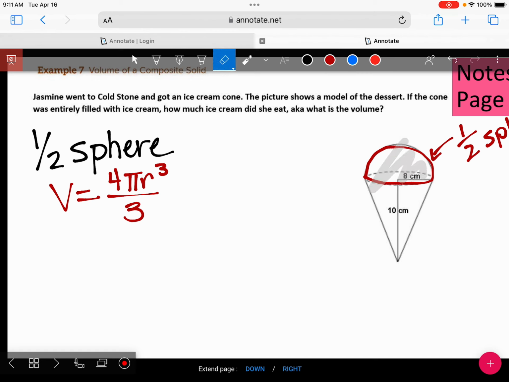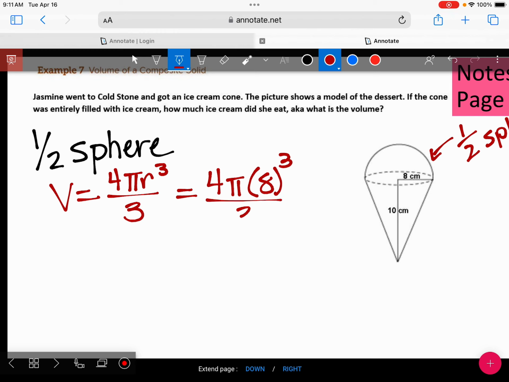So what is the radius of this sphere? 8. So in your calculator, I want you to type in 4 times pi times 8 to the power of 3 divided by 3. So figure out what that number is. And see what you get.